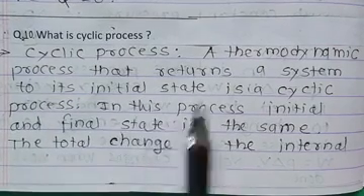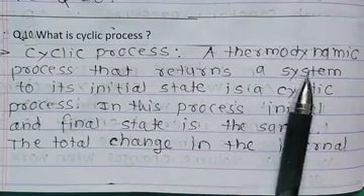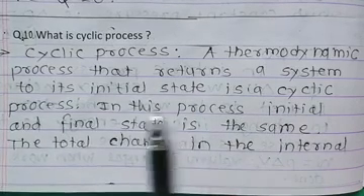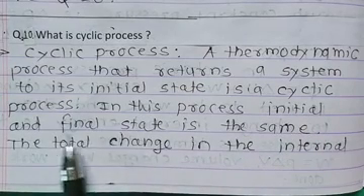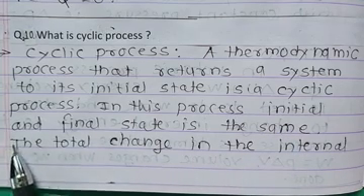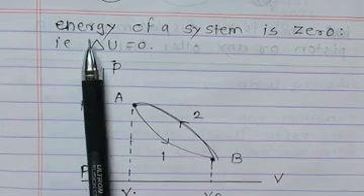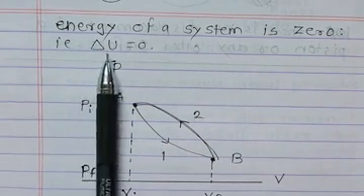Cyclic process: a thermodynamic process that returns a system to its initial state. In this process, initial and final state is the same. The total change in the internal energy of a system is 0. That is delta U is equal to 0.